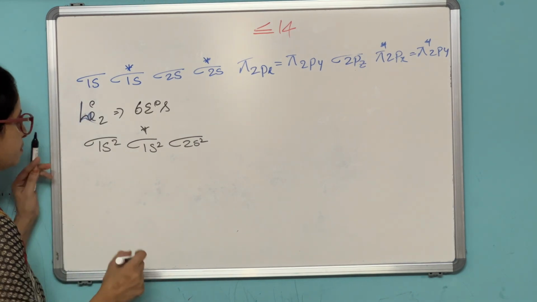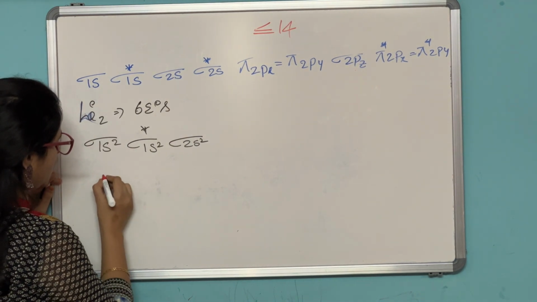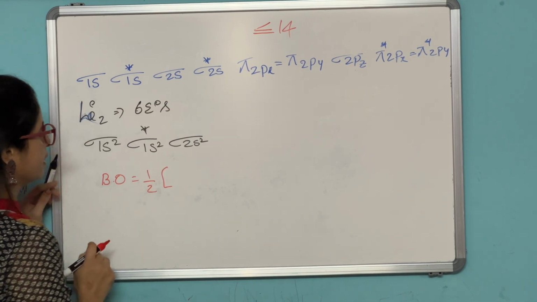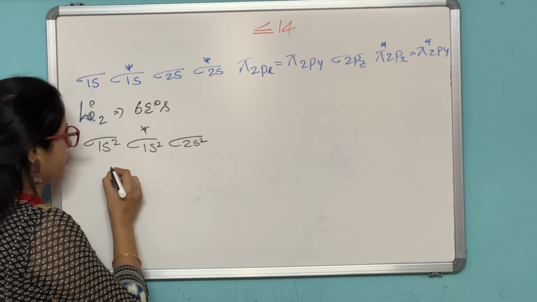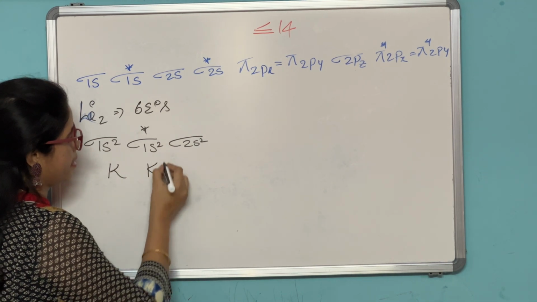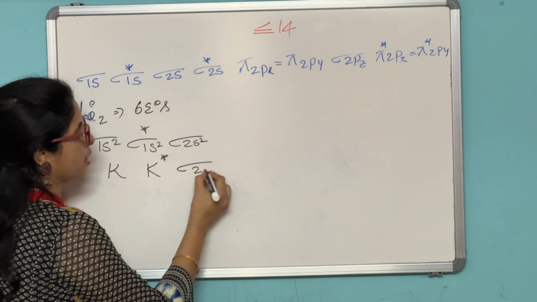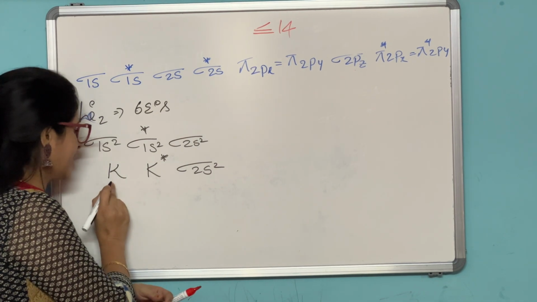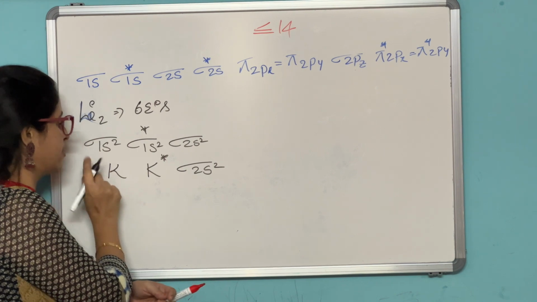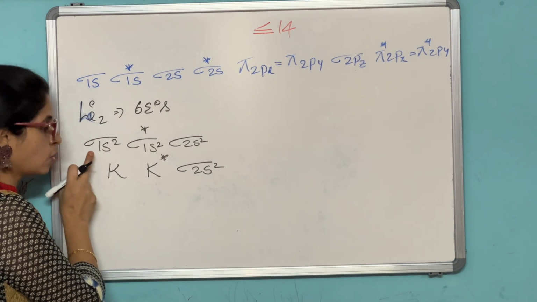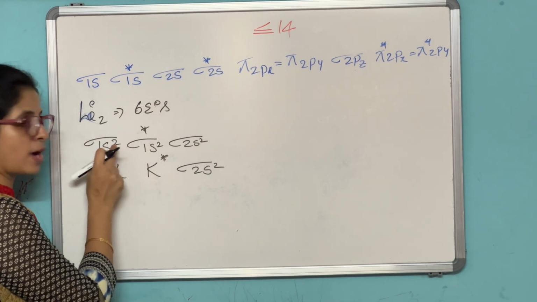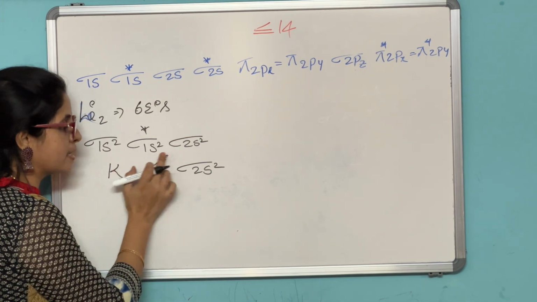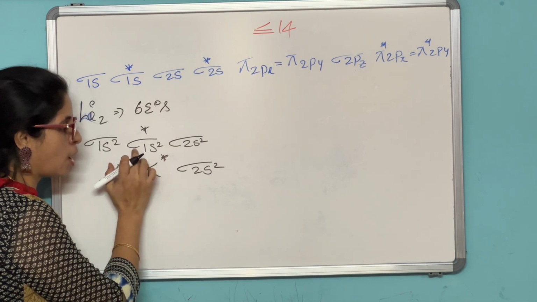So here, bond order is equal to 1 by 2 times the number of... Here this electronic configuration can be written as K K star, sigma 2s2. This K indicates the K shell, 1s2. If you write K instead of 1s2, that represents that the K shell has been completed, and K star is the anti-bonding orbital of 1s2.